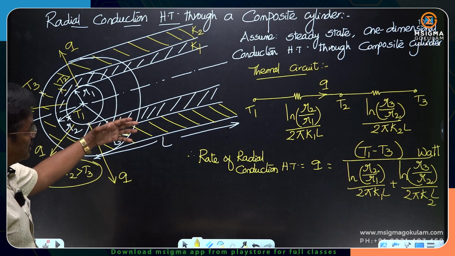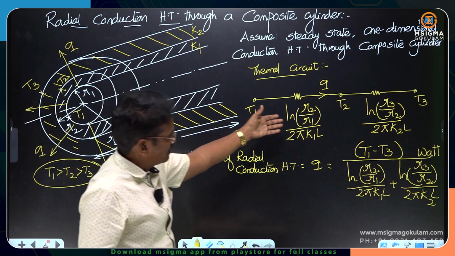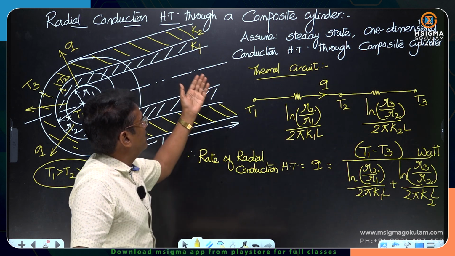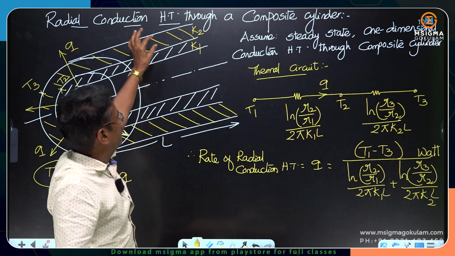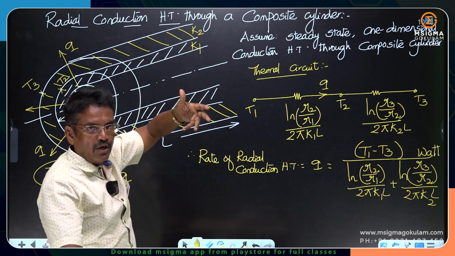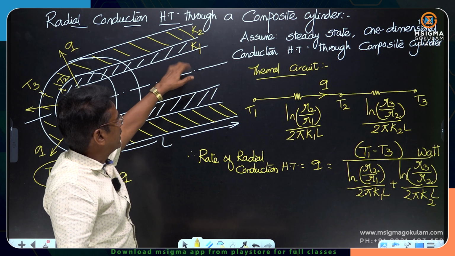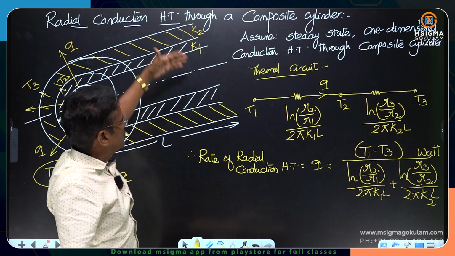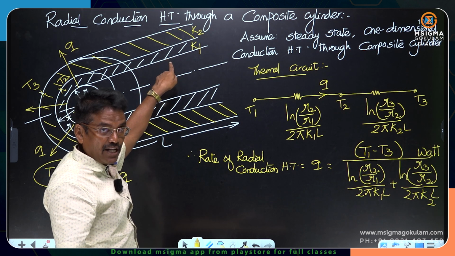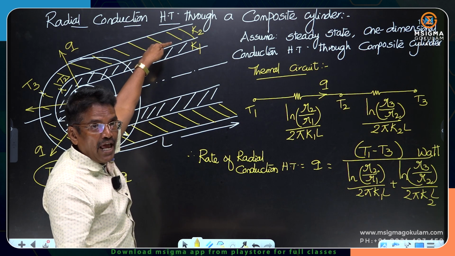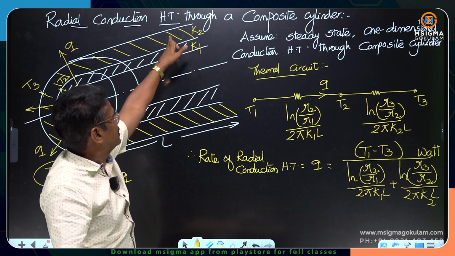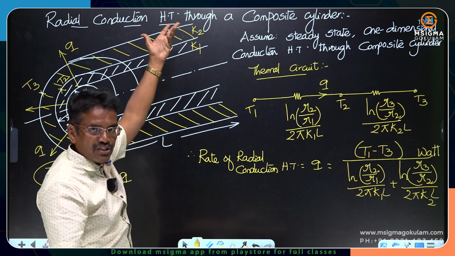And which resistance will be more? If there are two resistances, which will be more as compared to the other? That is decided by the relative magnitudes of the conductivities and the thicknesses. Supposing in the earlier example, a metallic pipe is lagged on the outside with some insulation. The white arrow indicates the metallic pipe, and this is the insulation lagged around it. If this is steel and this is, for example, asbestos, which resistance will be more?